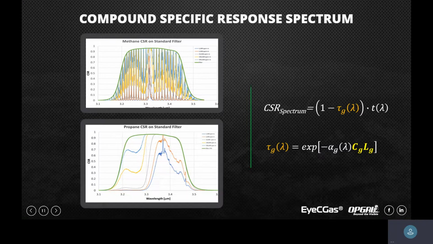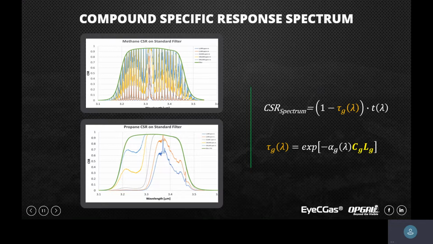So it's not a constant that you multiply, and it's relative to propane. Each compound gets its own calibration curve. So we are looking at it in a slightly different way, and we normalize this curve so that it is calibrated to concentration.